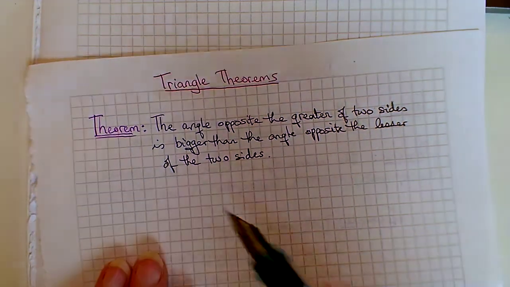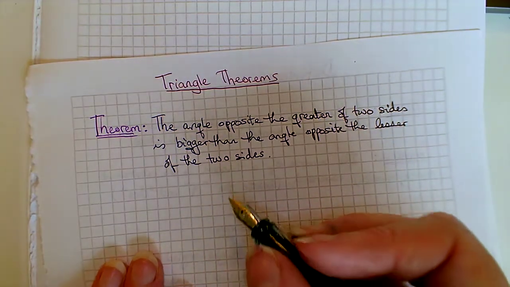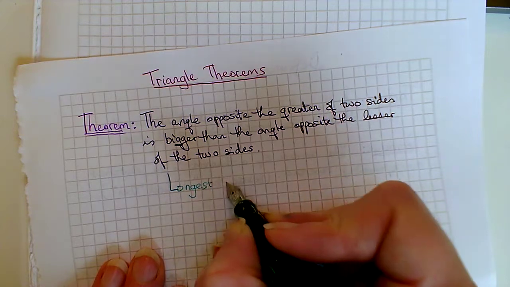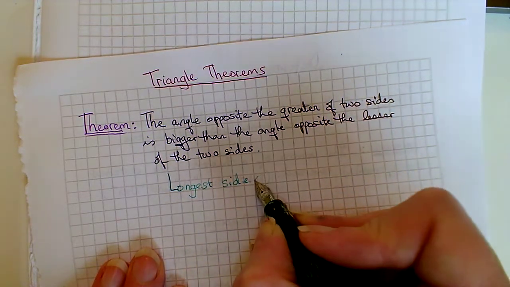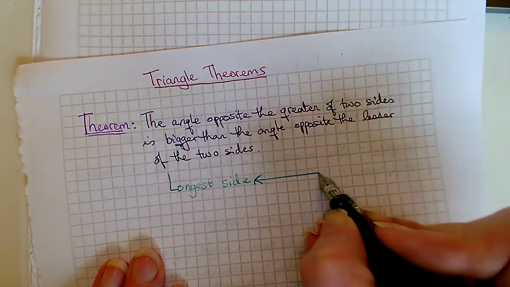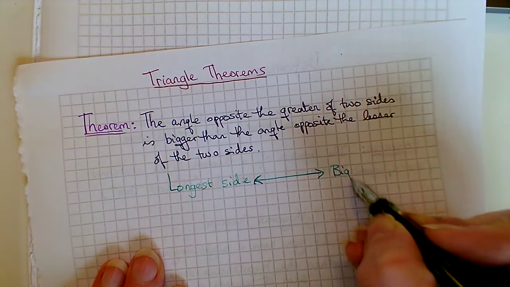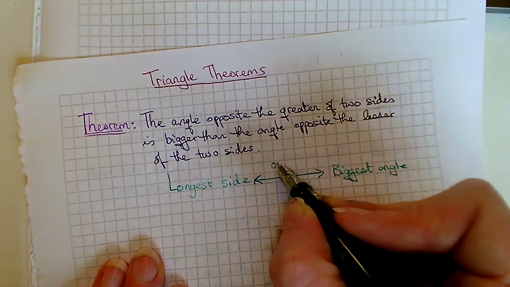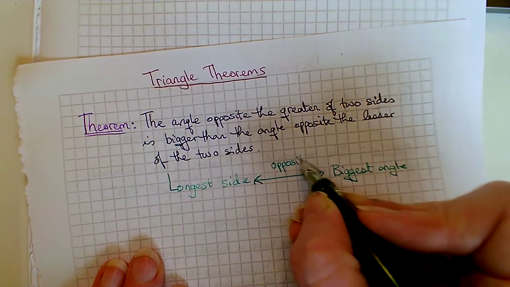I prefer what we already said about scaling triangles. The longest side is opposite the biggest angle. It's across from it.